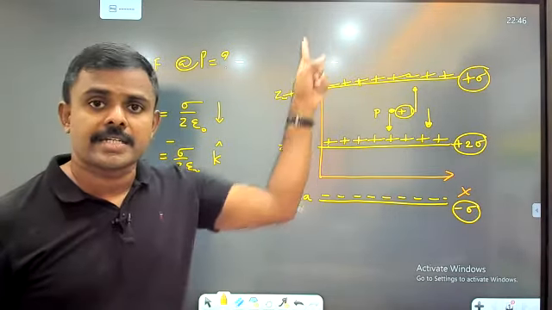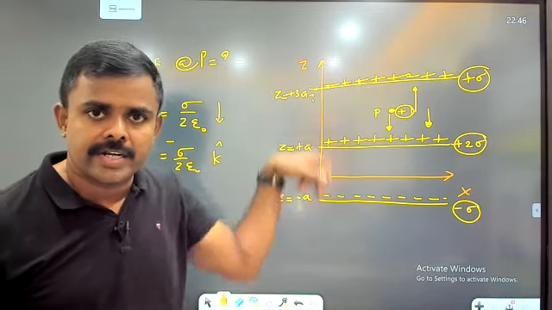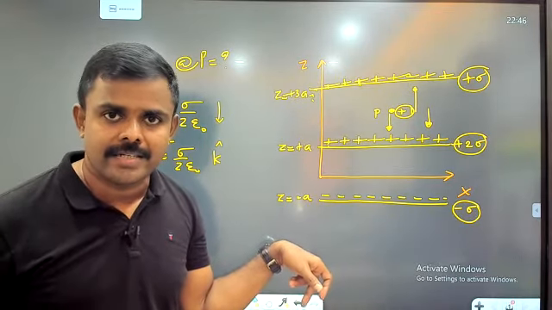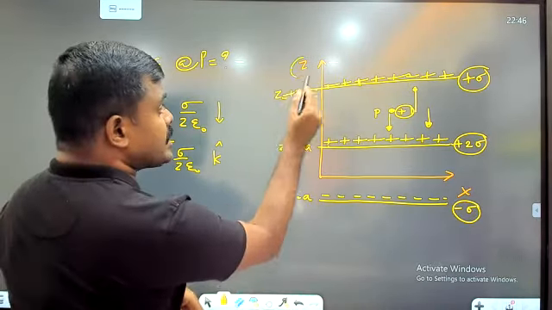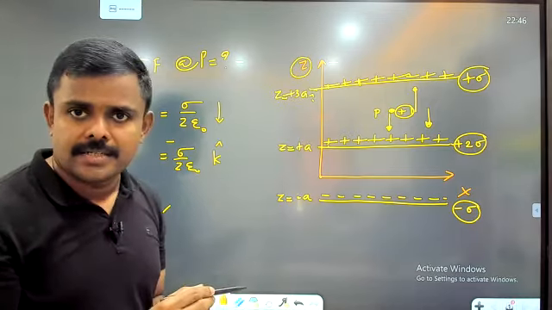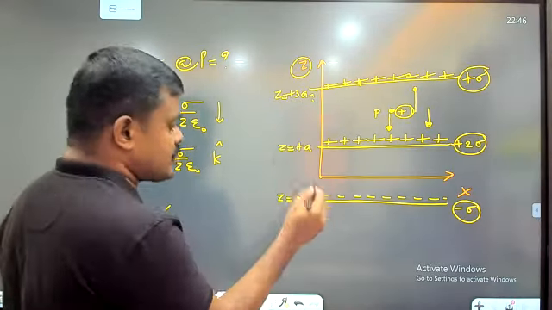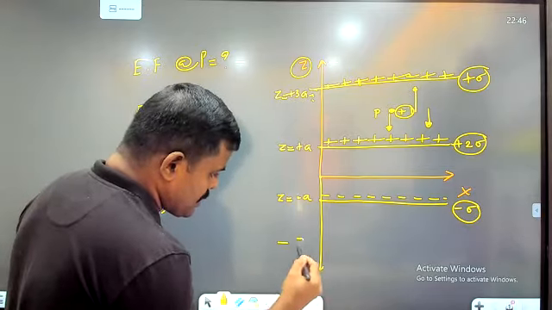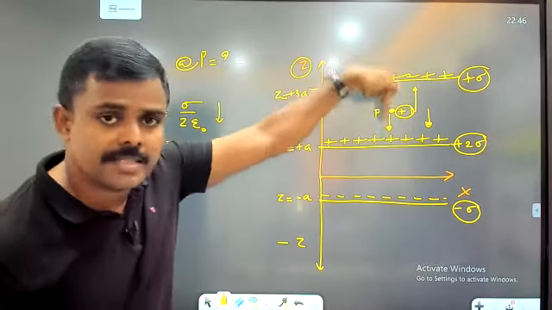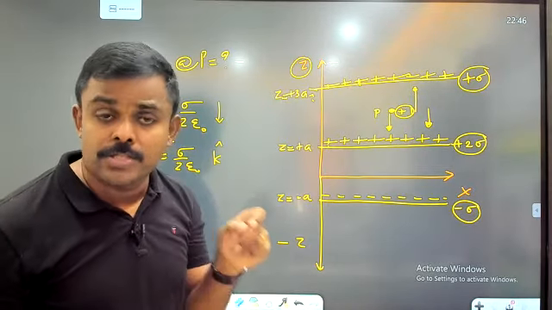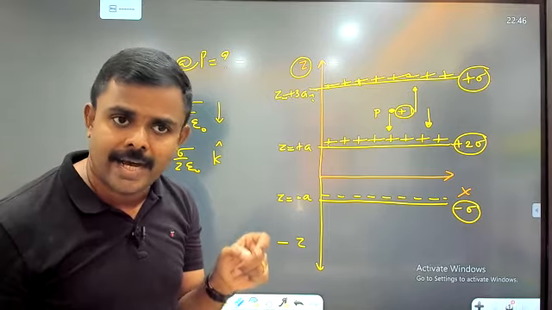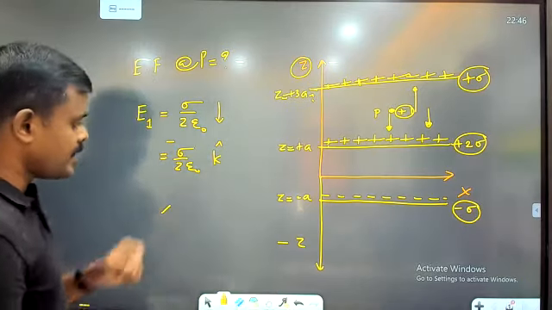Because the upward direction is the z axis, as given in the question. So downward is minus z, and the unit vector for minus z is minus k cap.